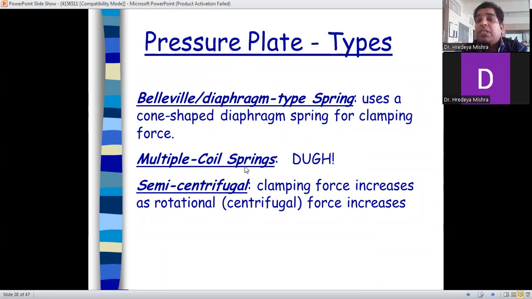Now, pressure plate types. So what are the pressure plate types?